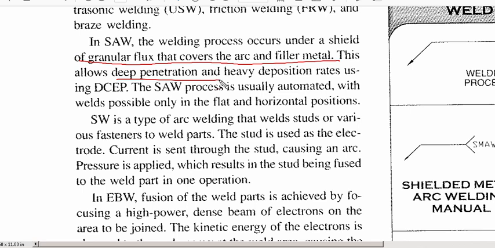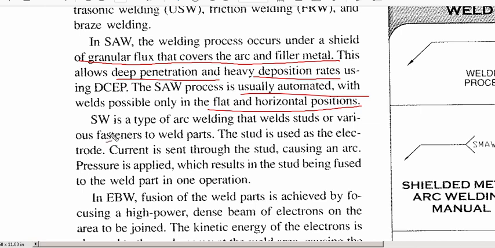This allows deep penetration and heavy deposition, and you're using direct current, electrode positive. The process is automated, with welds possible in the flat and horizontal positions. SAW would be called out specifically by the designer.